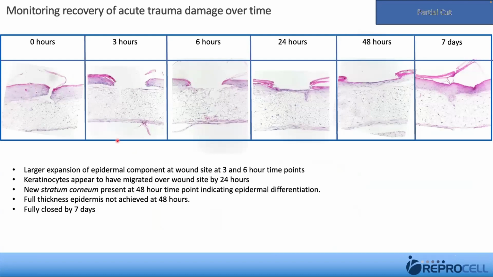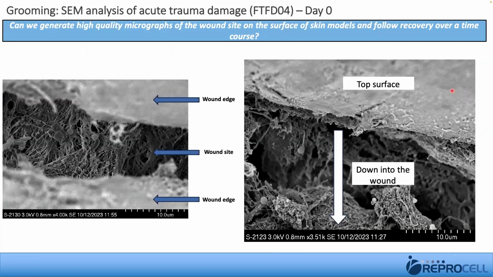You can see how at first you've got the cut, it broadens because it contracts. And then we see the flood of cells migrating into the site of injury and then recovery. We can look at this in more detail using scanning electron microscopy, so you can see inside the wound, cells and the ECM.